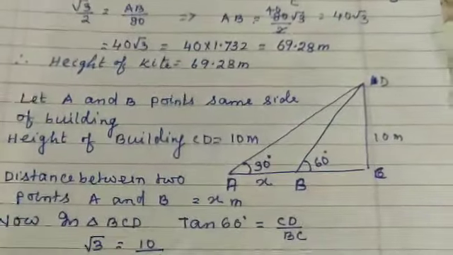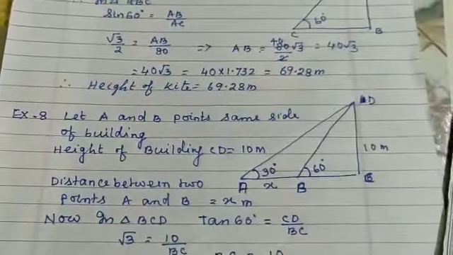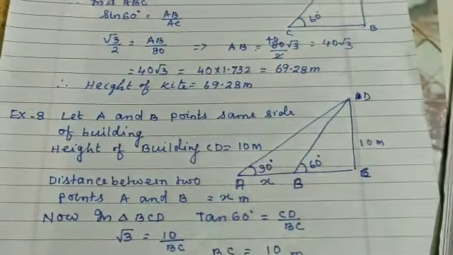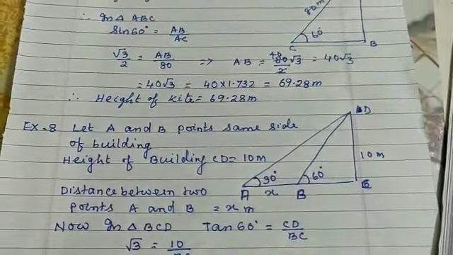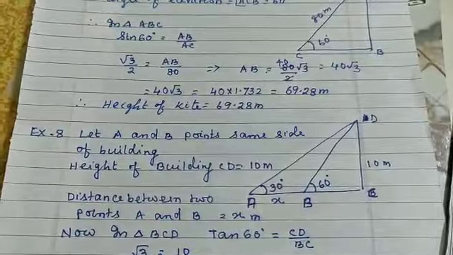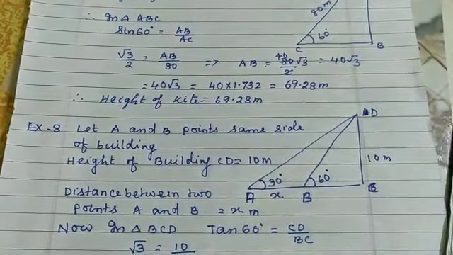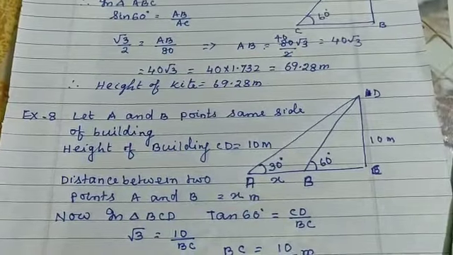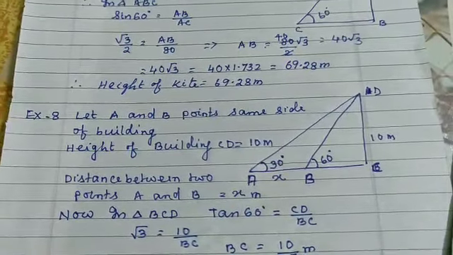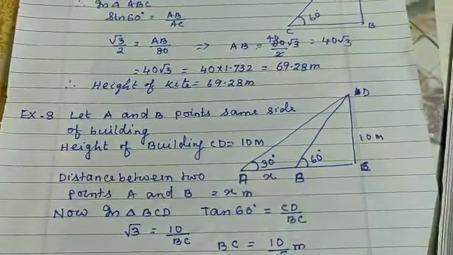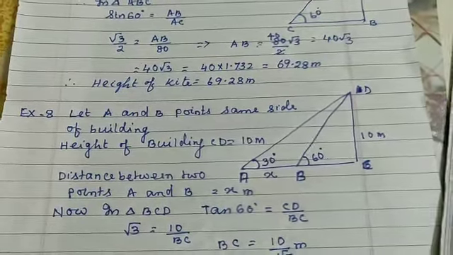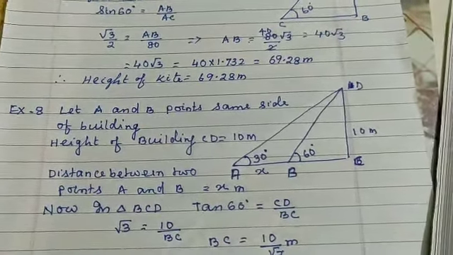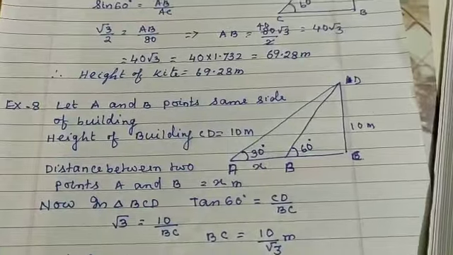Students, another problem we will solve. That is exercise problem 8. From two points A and B on the same side of the building, the angles of elevation of the top of the building are 30 degrees and 60 degrees respectively. The height of the building is 10 meters.